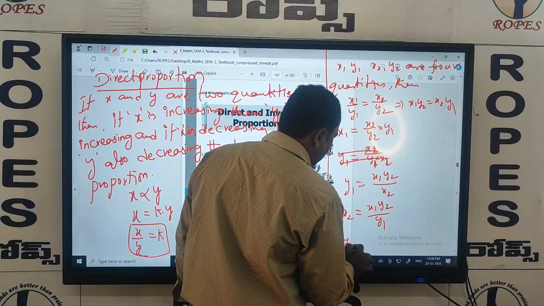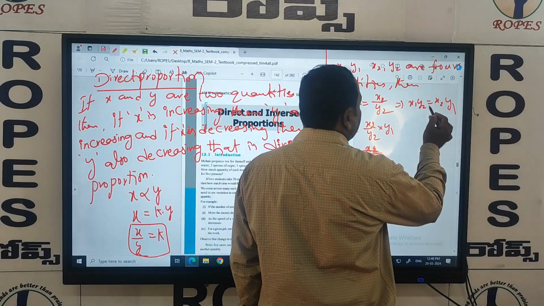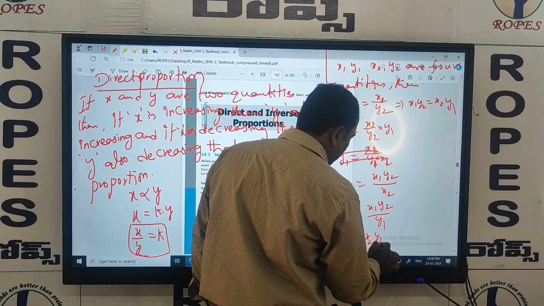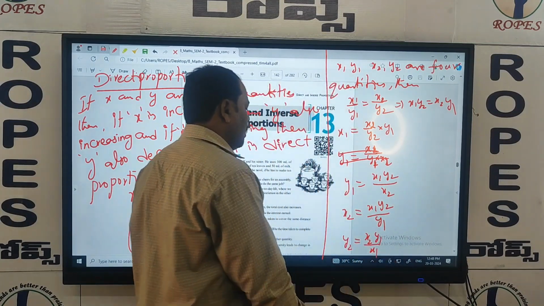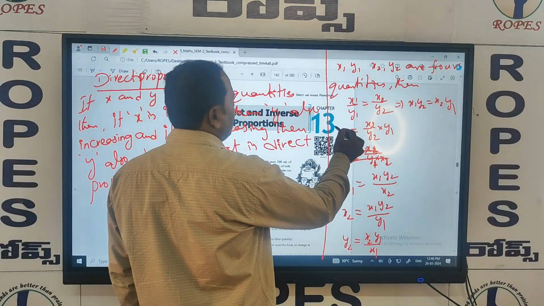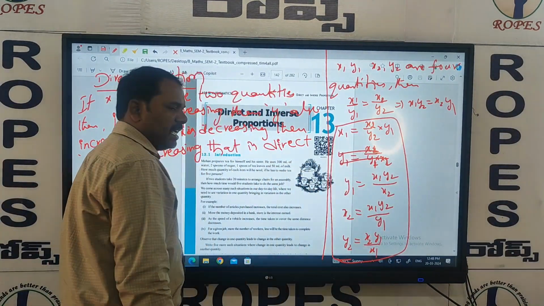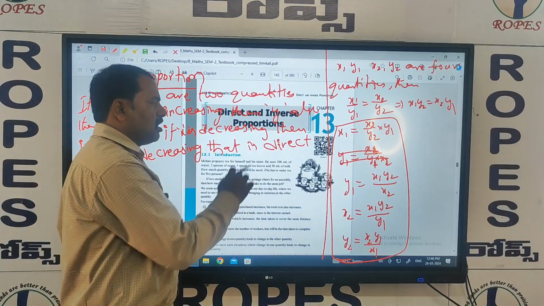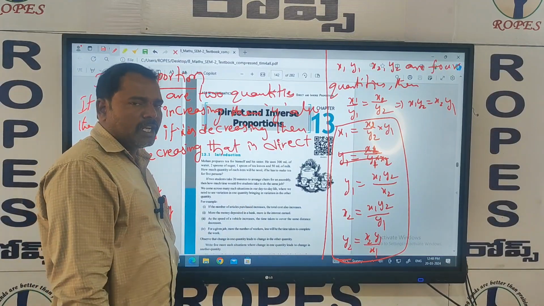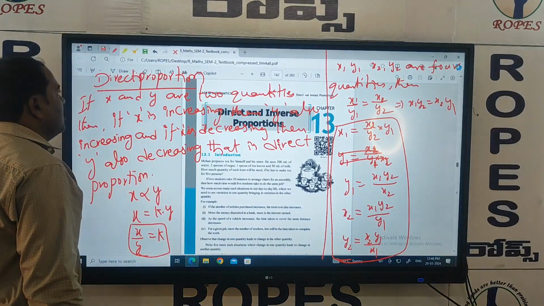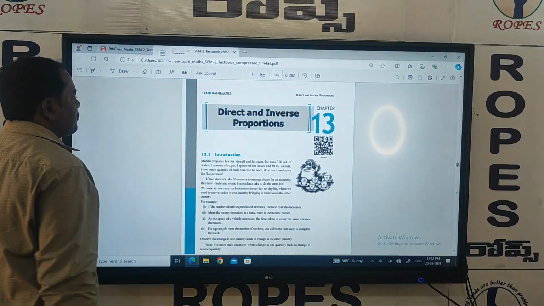And y2 is equal to x2 y1 by x1. By using all these four formulas, we can find any quantity among the given quantities. Based on these formulas only, the total direct proportion is simplified. Now we will see another one.